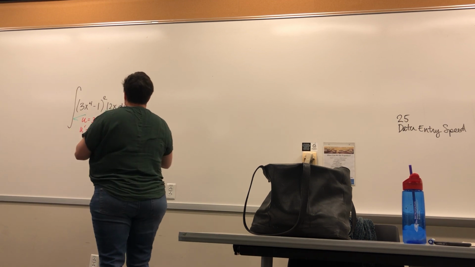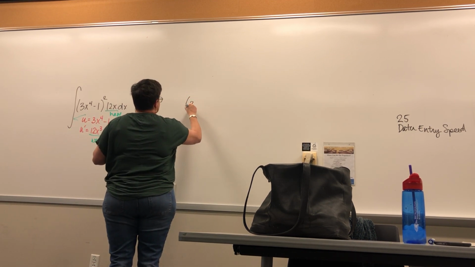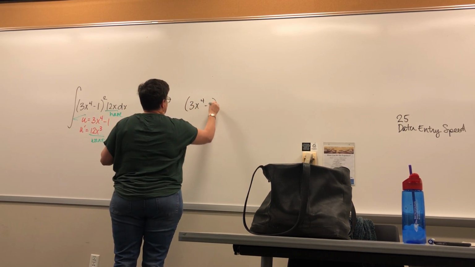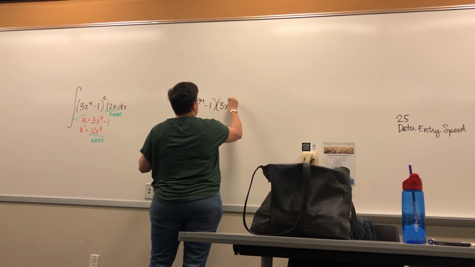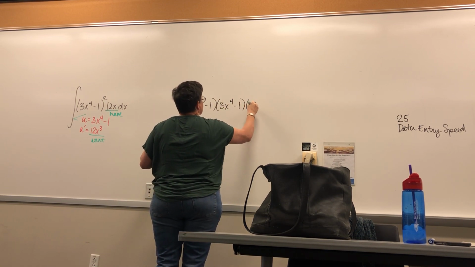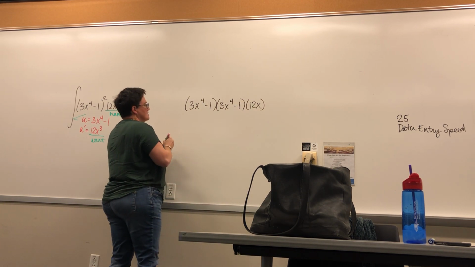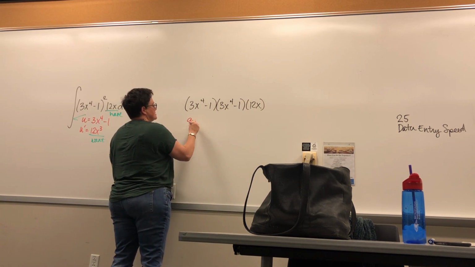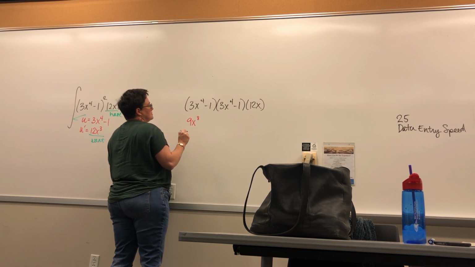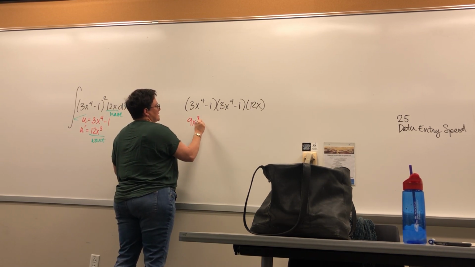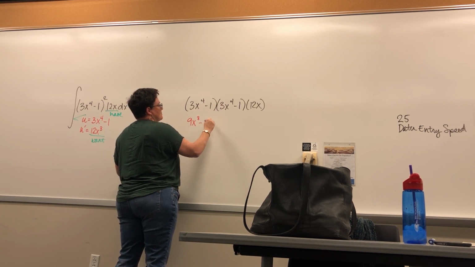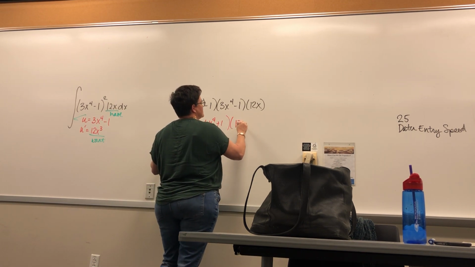Whale it out, unfortunately. So what's 3x to the fourth minus 1 times 3x to the fourth minus 1 times 12x? Let's start with this. So we get 9x to the 8th, minus 6x to the fourth plus 1, times 12x.